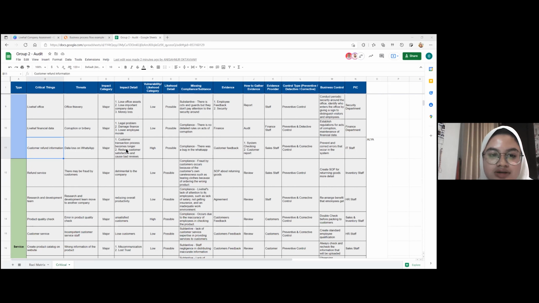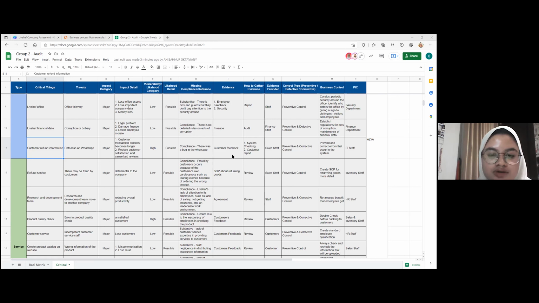The impact details are that the customer transaction process becomes longer, which reduces customer satisfaction and causes bad reviews. The vulnerability for this threat is high, and it's possible to happen because of the compliance risk, which is that there was a bug in WhatsApp.